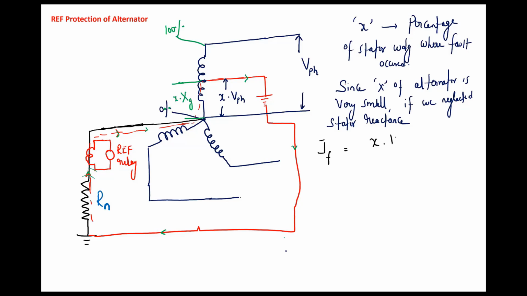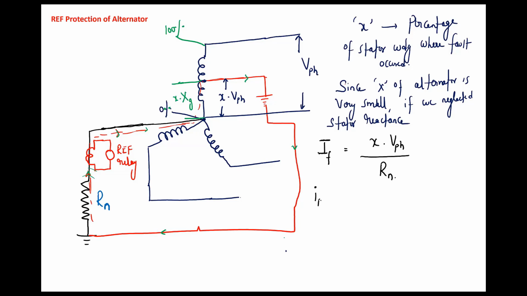X times V phase, because the voltage between neutral and this point is X into V phase, and the resistance is Rn. So the current flowing through the neutral, or the fault current, is given by X into V phase divided by Rn.